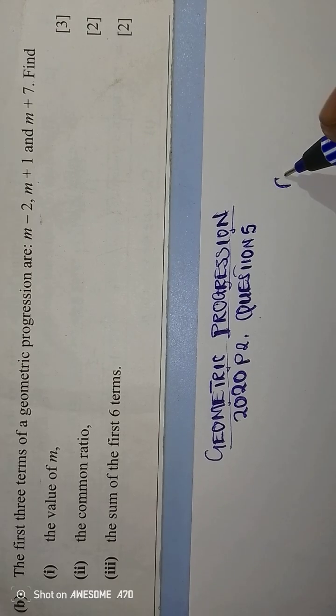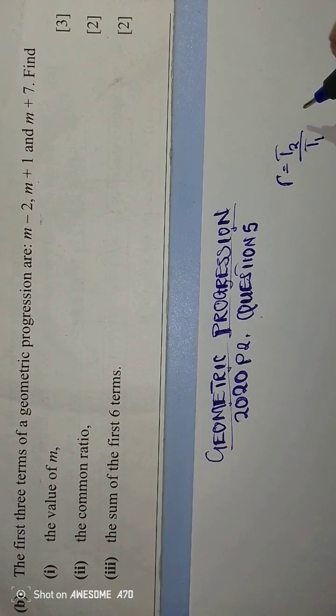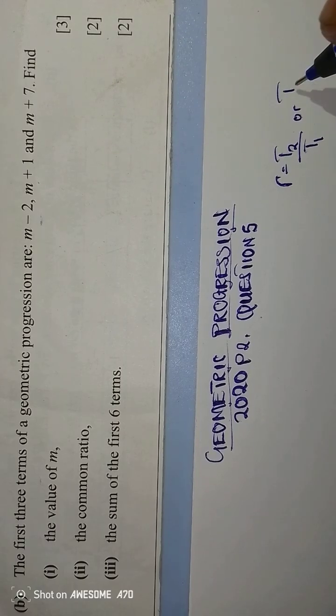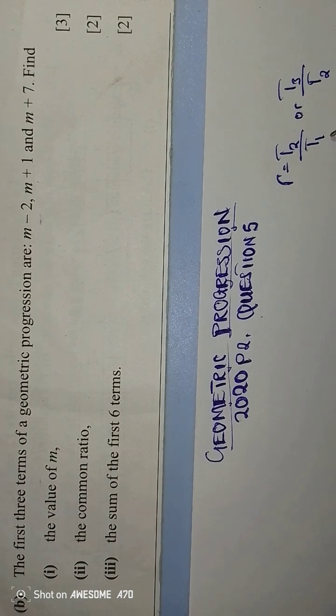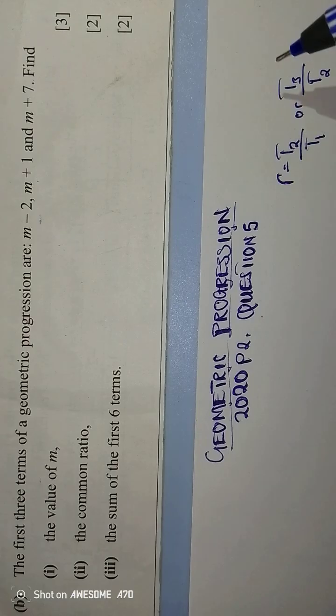The first formula is: common ratio is equal to the second term over the first term, or you can say third term over the second term. Either you use the first formula, second term over first term, or third term over the second term. This should give you one and the same answer.